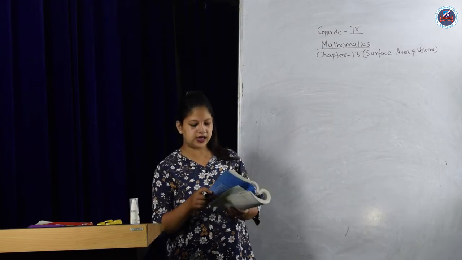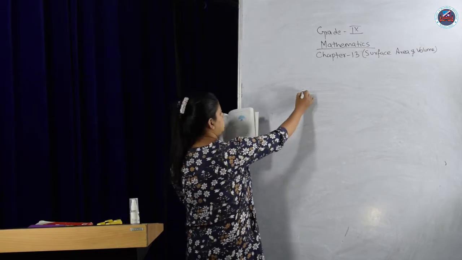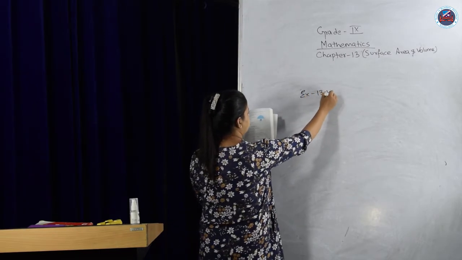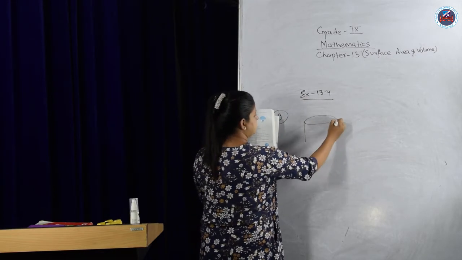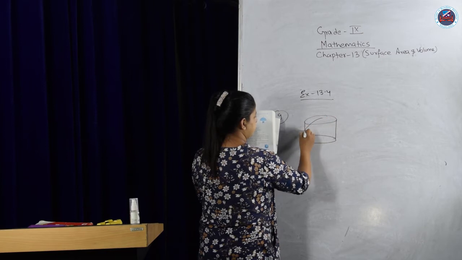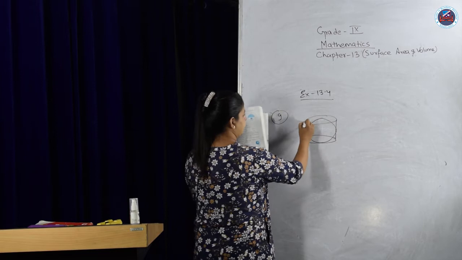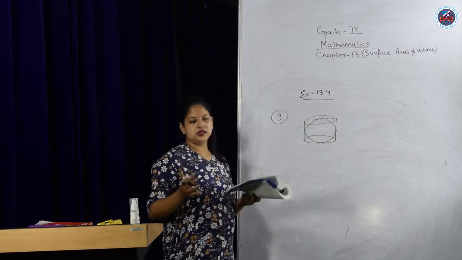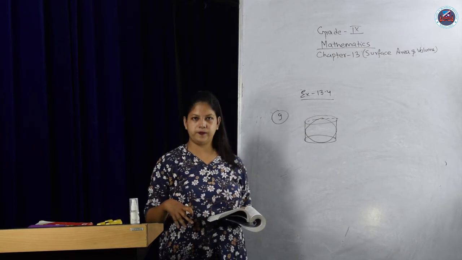But one question I'll do it for you, which is a bit different. Question number 9, 13.4. Figure is given like this. There is a cylinder. Inside cylinder, a ball is kept, that is sphere.